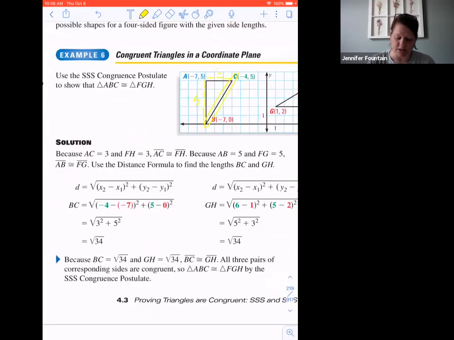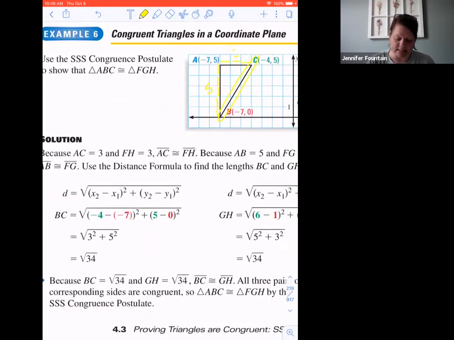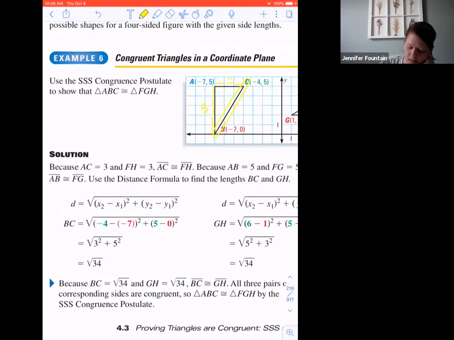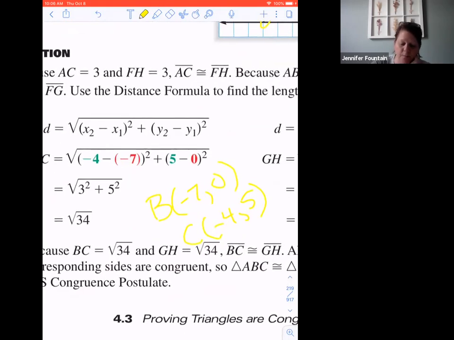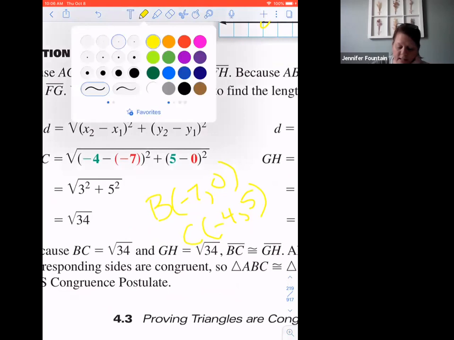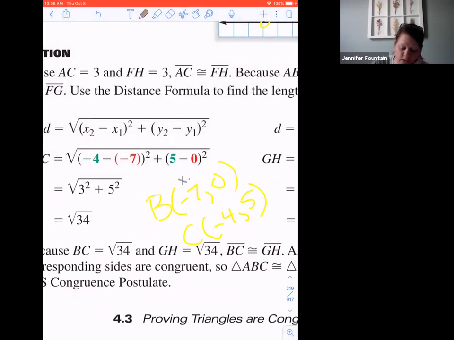So that's what they've done here. They said, okay, I can see that my ordered pair for B is -7,0. My ordered pair for C is -4,5. So now I'm going to plug them in. Remember, if you need to label your little points as you're working and say, this is X1, this is Y1, this is X2, this is Y2.